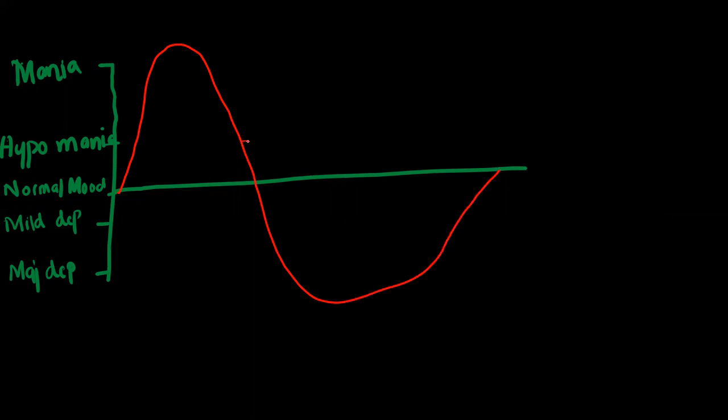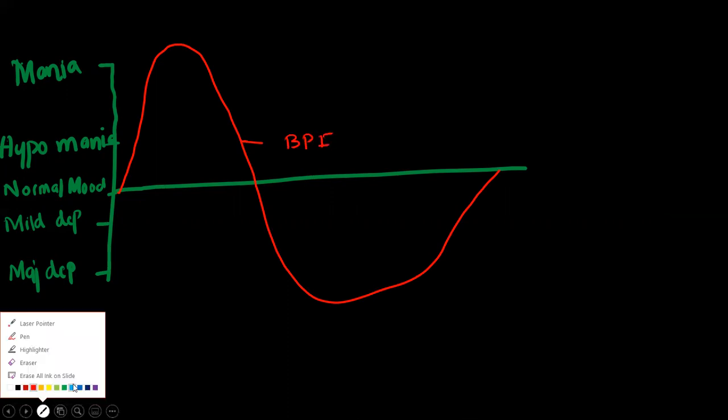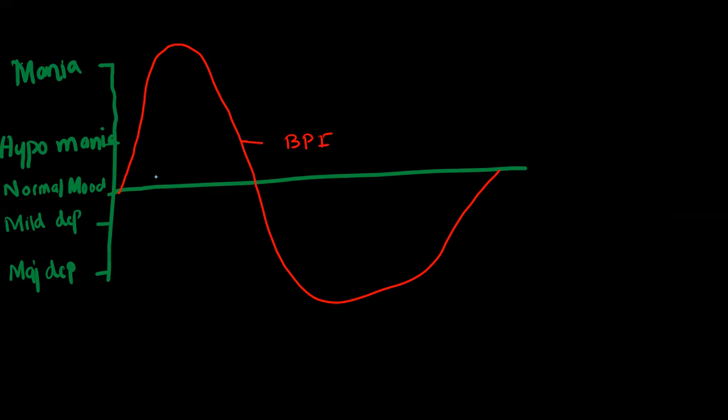Okay, that is the bipolar 1 disorder. Coming to bipolar 2 disorder, the patient is going to present with a hypomanic episode that is accompanied by a major depressive episode. Okay, so the blue color is bipolar 2.